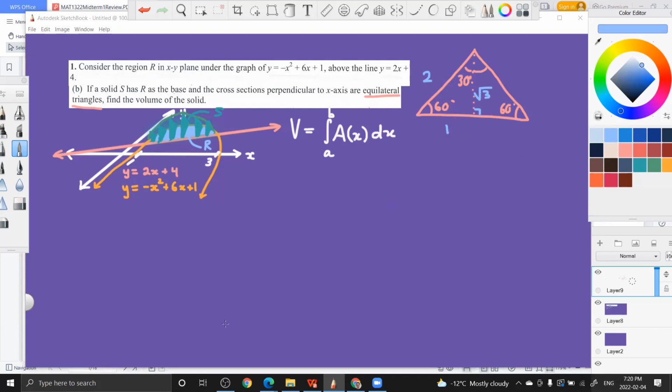Oh, I see one question in the chat. It says, what does the cross section mean? Okay, a cross section is very simple. Let's say you have a piece of bread that you buy from the market, and you want to find the volume of this piece of bread.